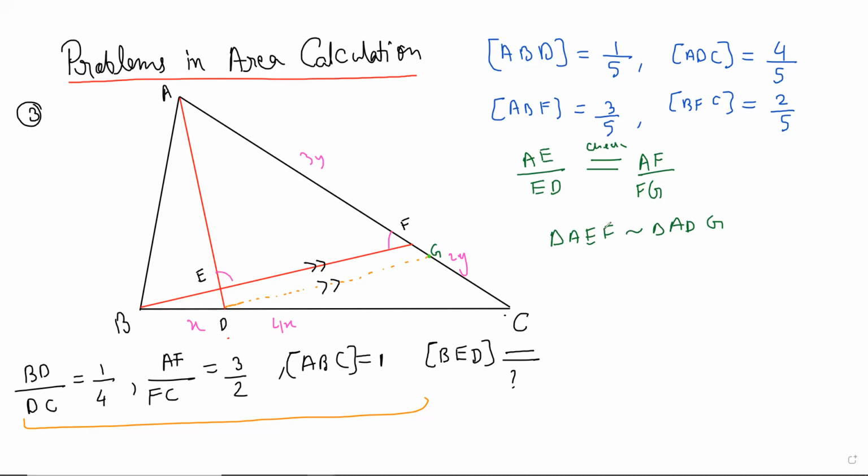Means you remember this because you would have studied this, right? Yeah. So AEF is similar to ADG, and then obviously you can say AE by AD is equal to AF by FG, and then from there again you can do calculations and you will get this. And it's also very obvious, sort of, right? Because you're kind of letting everything complete up to A.